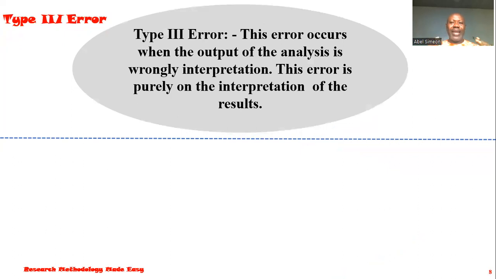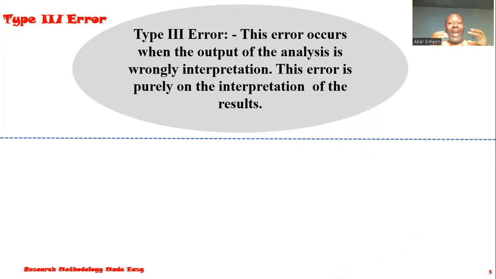Now, type 3 error, what is it all about? This error occurs when the output of the analysis is wrongly interpreted. So the wrong interpretation of the output is type 3 error. This error is purely on interpretation of results.